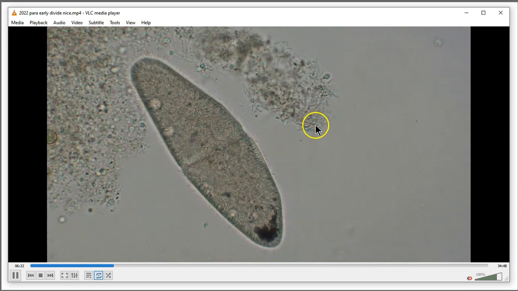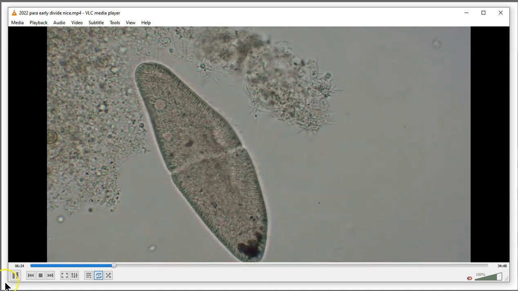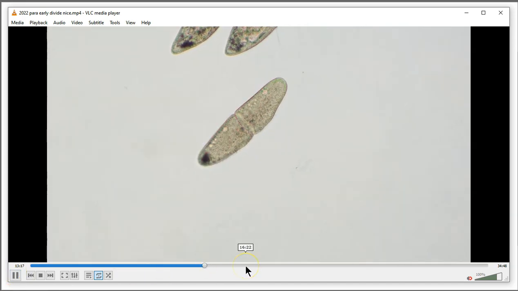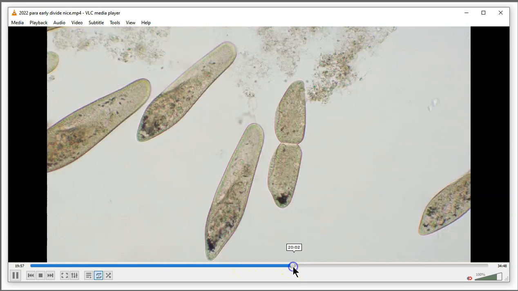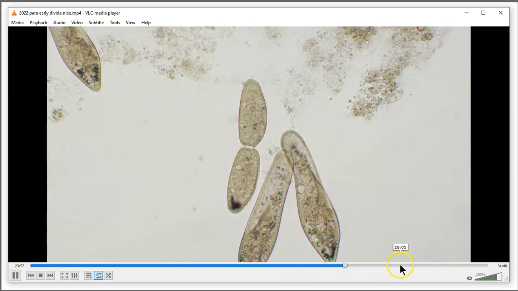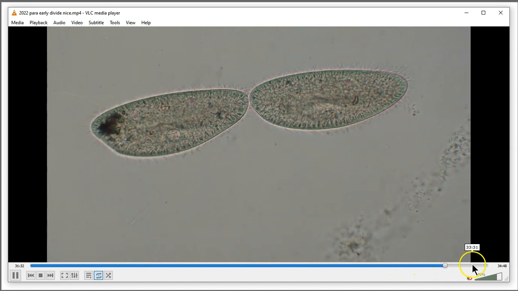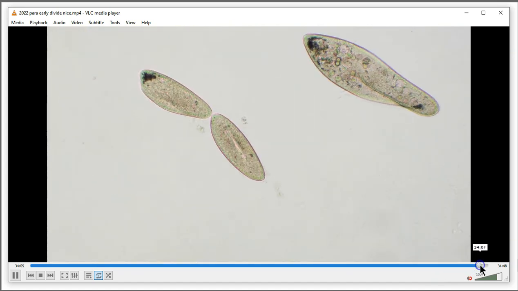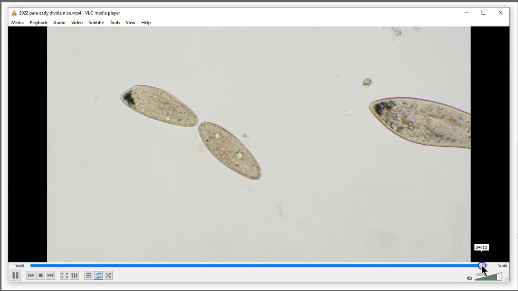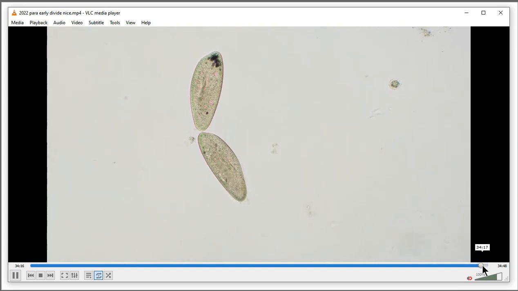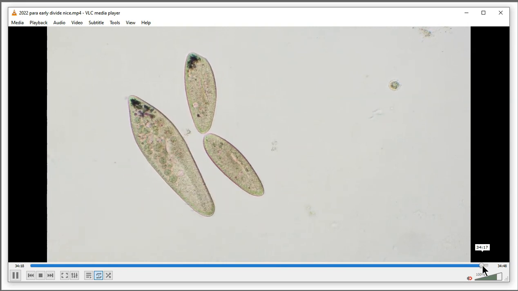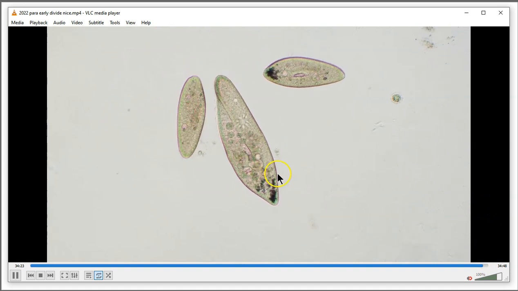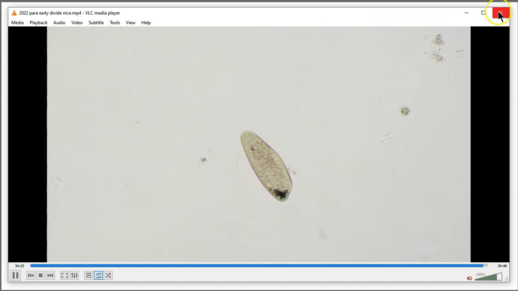That would have been food that's powering this paramecium. So we'll go a little forward in time, and we have separation.